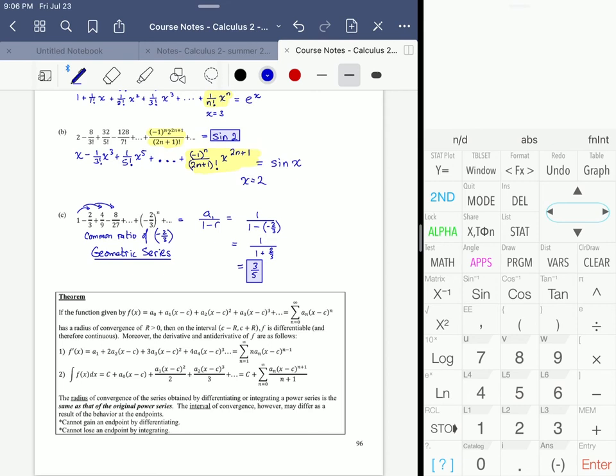So if you're working with a power function, then you can differentiate and integrate, and it's pretty easy.